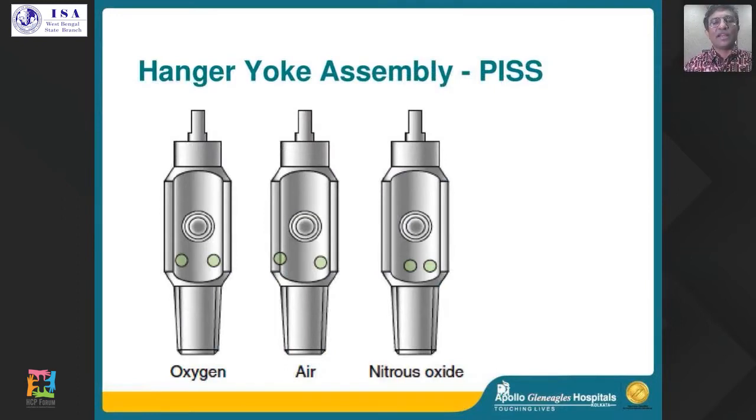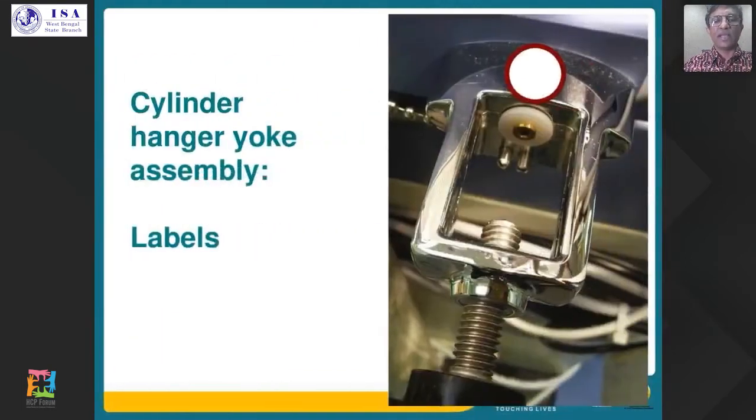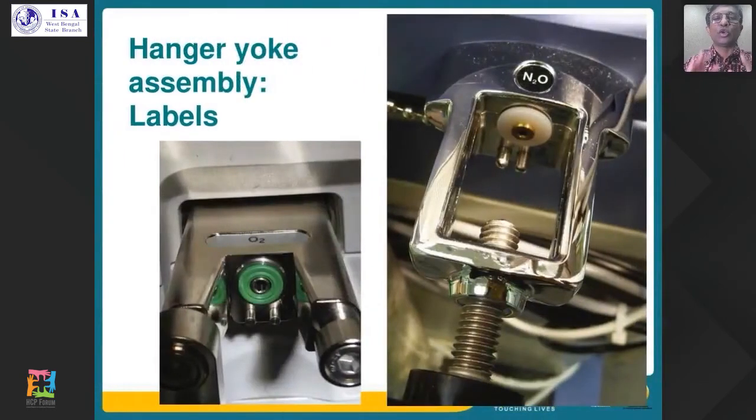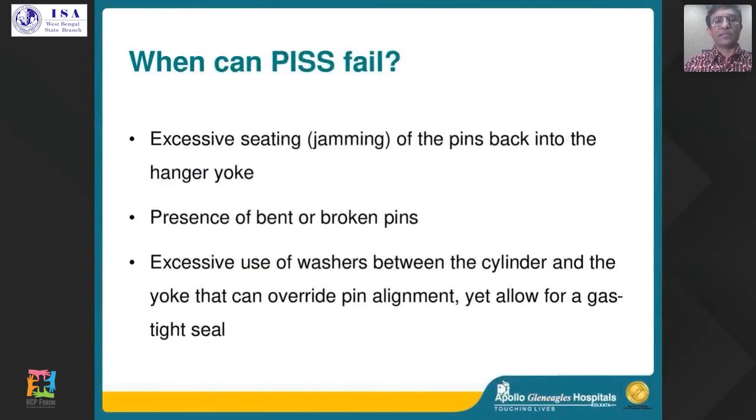I think by this time it is quite well known that 1,5 is air, 2,5 is oxygen, 3,5 is nitrous for the pin index system. And as I told you, it has the labels, so it should have a proper label as to what it is supposed to take in. So that is one of the safety things with the hanger yoke assembly.